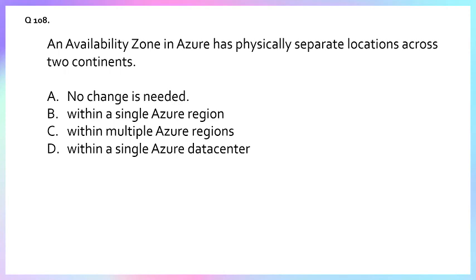So A is wrong because the statement needed correction. C refers to multiple regions, which is about geo-replication. And D is wrong because an availability zone contains multiple data centers, not just one. So the correct answer is within a single Azure region. That is option B.